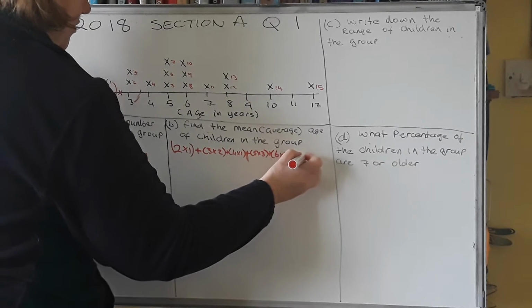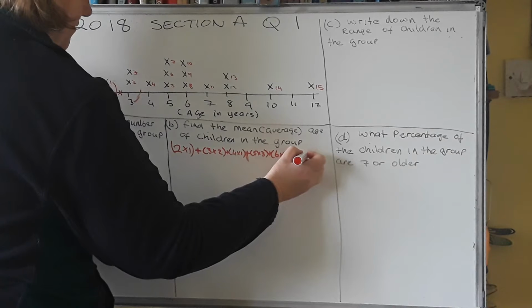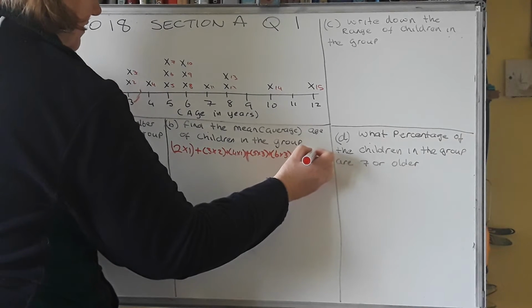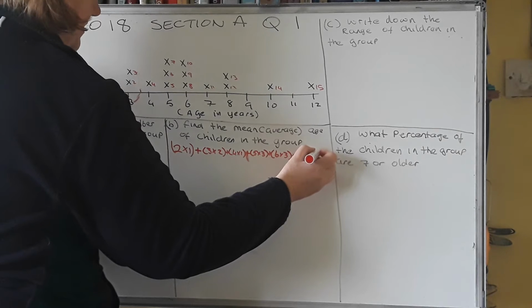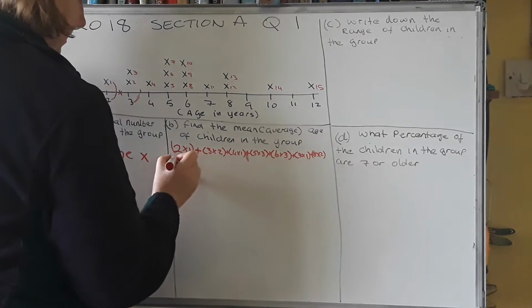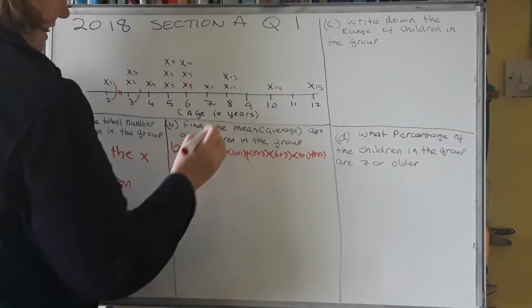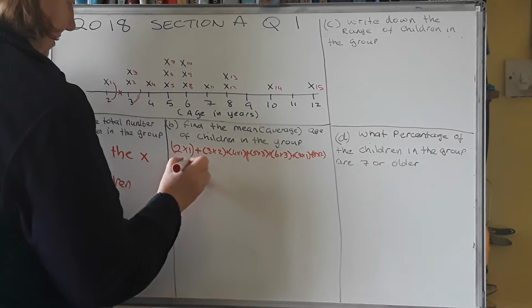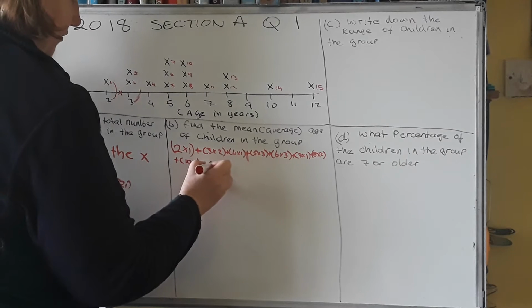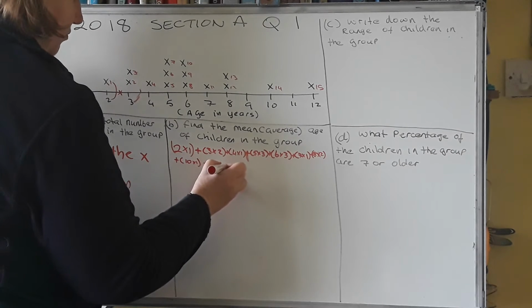Plus 7-year-olds, there's 1. Plus 8-year-olds, there's 2. Plus 10-year-olds, there's 1. And plus 12-year-olds, there's 1.